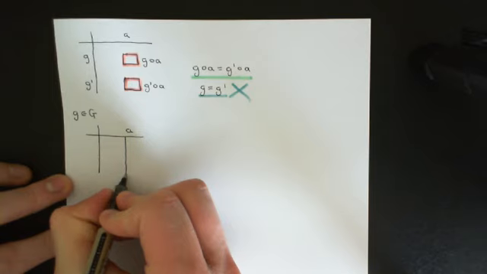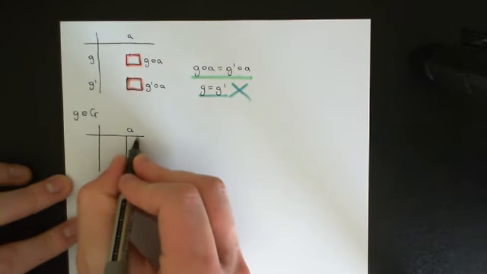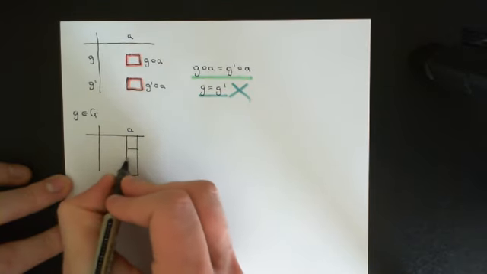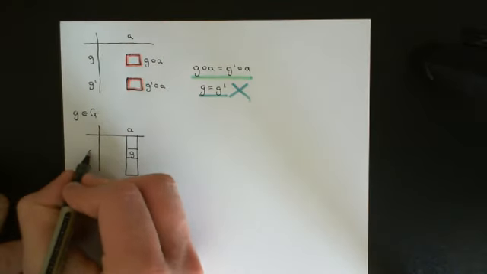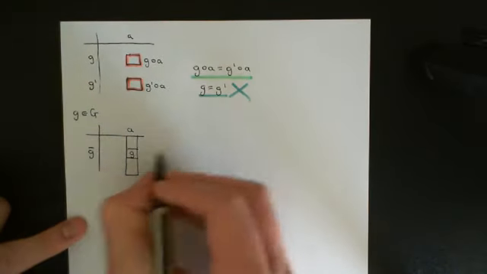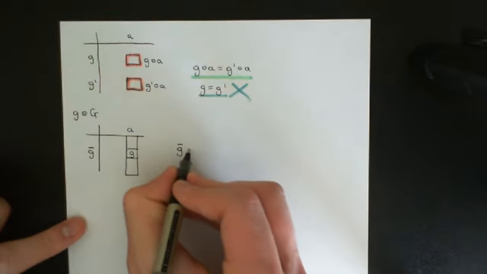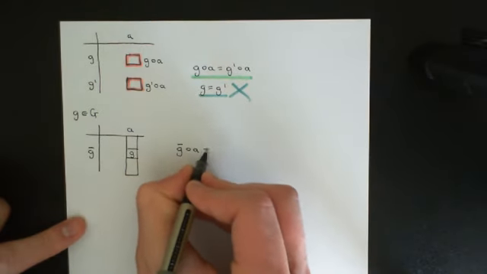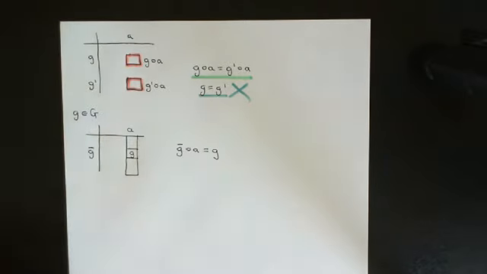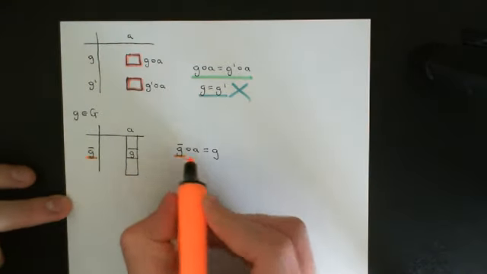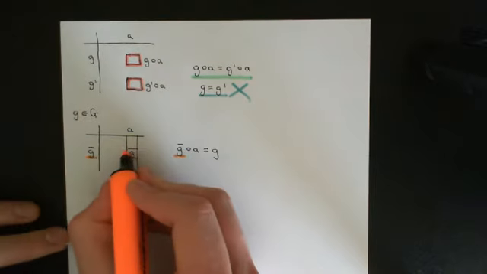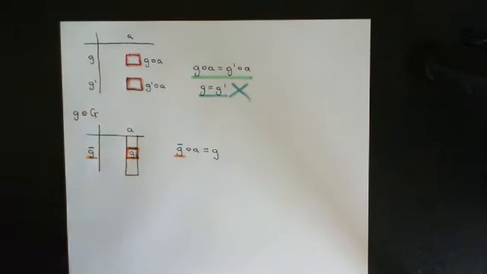Here is the column for little a, and we want to prove that somewhere in this column little g is present. So we want to find, once again, a little g bar, which when you right multiply it by a, gives little g. My task is to find this little g bar that we can use here to generate the little g here.